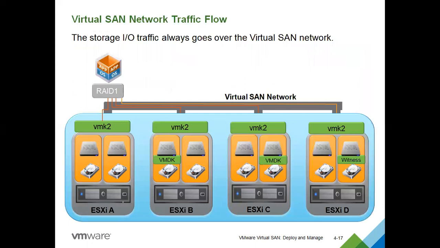Well, from the network perspective, for the preparation phase, it's mandatory to create a VM kernel port on each and every host and dedicate that VM kernel port just to vSAN traffic. When you configure the VMK, you will see a big list: vMotion, FT, and so on.